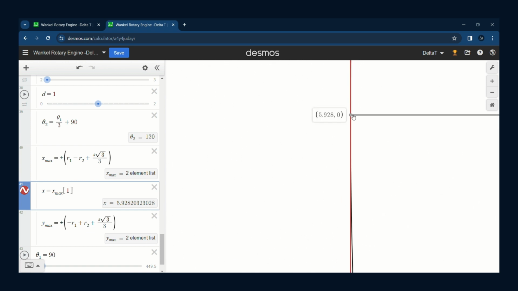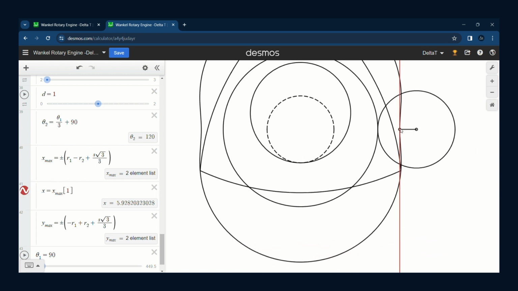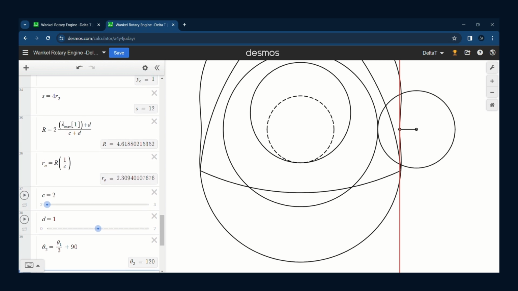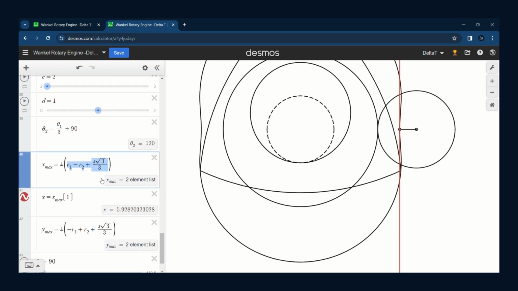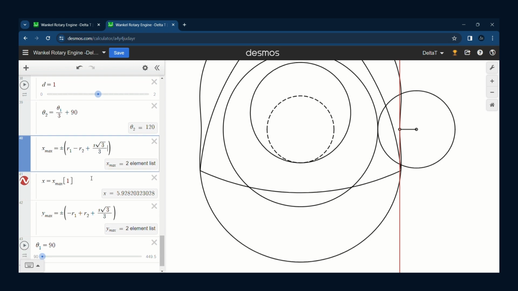Yeah, x sub max is equal to this point right here, and so I was able to use this to define the epitrochoid by essentially working backwards. So I used some of the properties of the equilateral triangle to derive that.